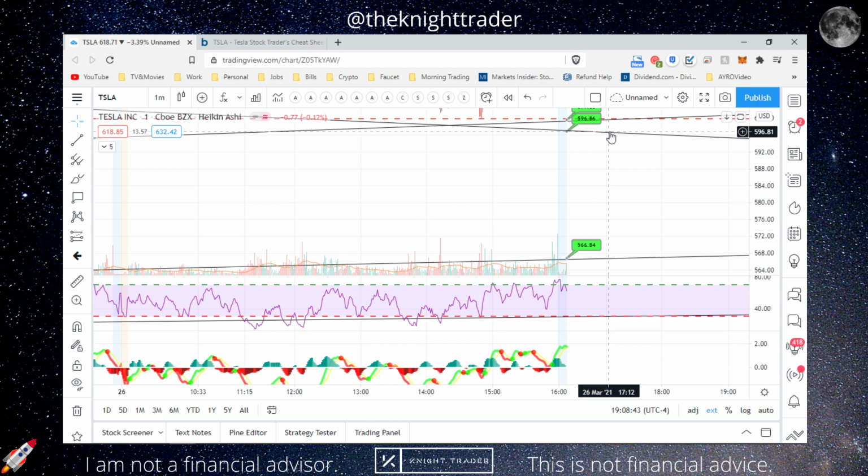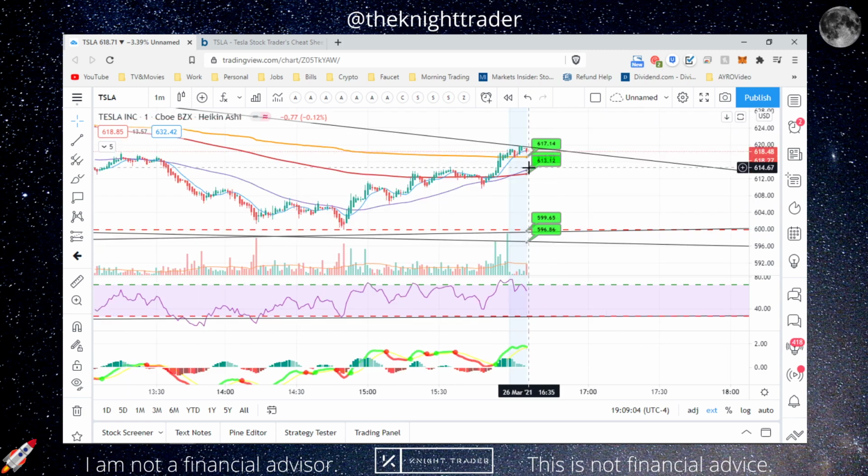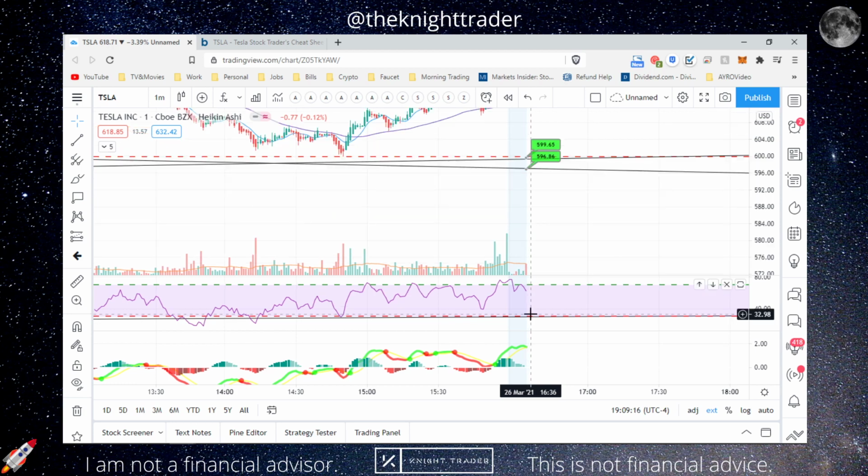So yeah, if we do break through this, and this, then I would look to see where we are on the RSI while we're in here. And if we're anywhere between here and here, I don't even think we ever get that low.